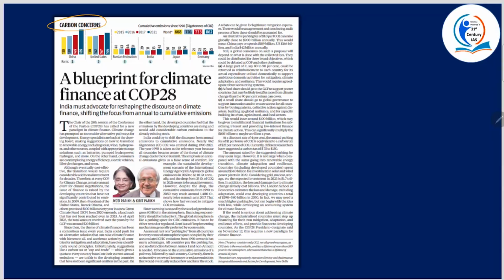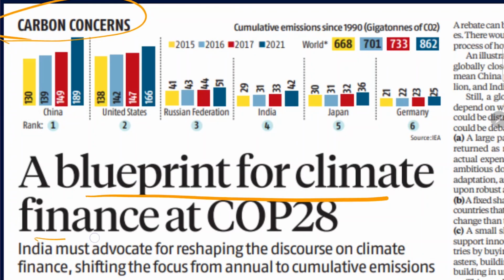Next article, carbon concerns. A blueprint for climate finance at COP28. Now what is COP28? It is Conference of Parties 28. And you have to know few basics about COP meetings, I mean the order and some important meetings. Okay. What are those? COP3 1997 was in Kyoto. Okay.